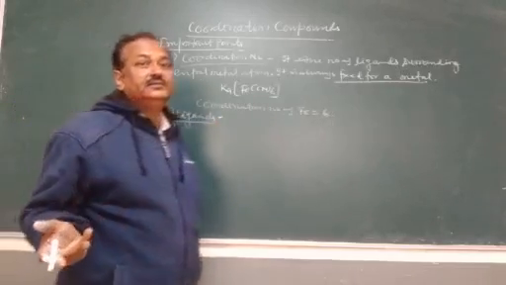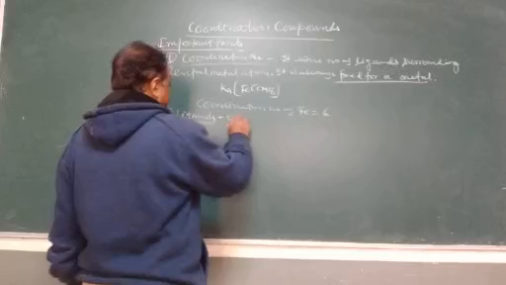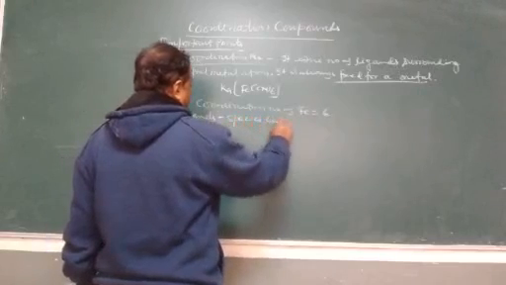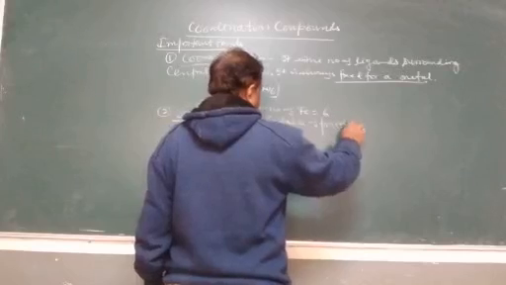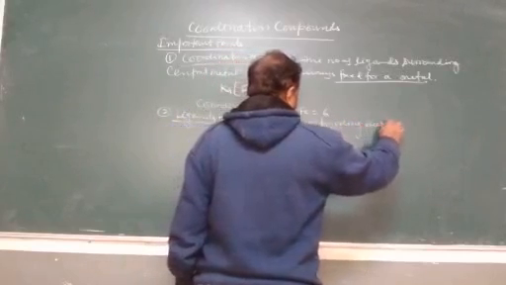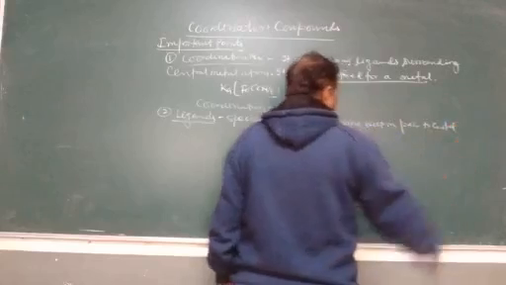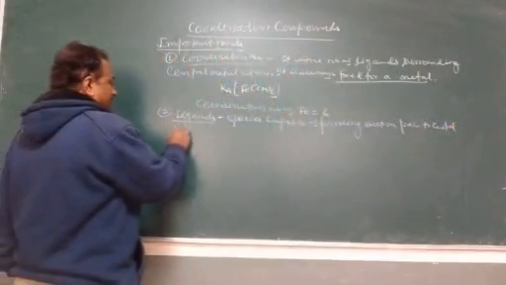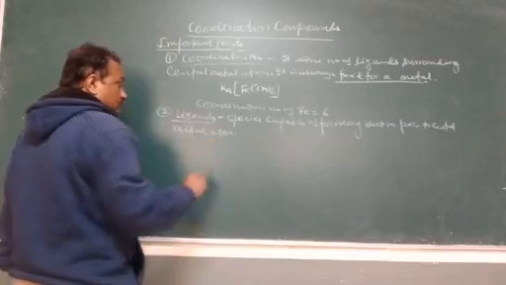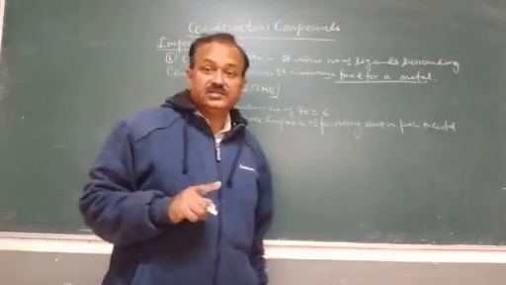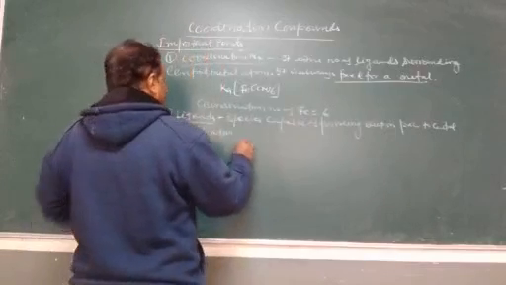Ligands are species, which can be molecules or ions, capable of providing an electron pair to the central metal atom. And ligands are of 3 types.